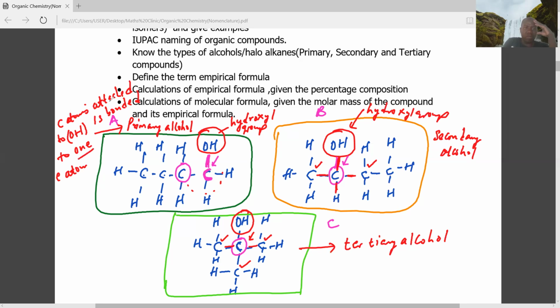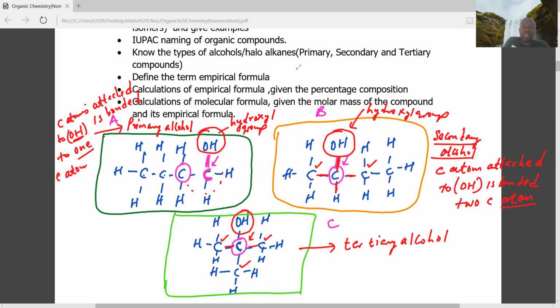If the carbon atom attached to the hydroxyl group, OH, is bonded to one, then it's regarded as a primary. But if the carbon atom attached to the hydroxyl group is bonded to two carbon atoms, then this is regarded as a secondary. But if it's bonded to three carbon atoms, then it's regarded as a tertiary.